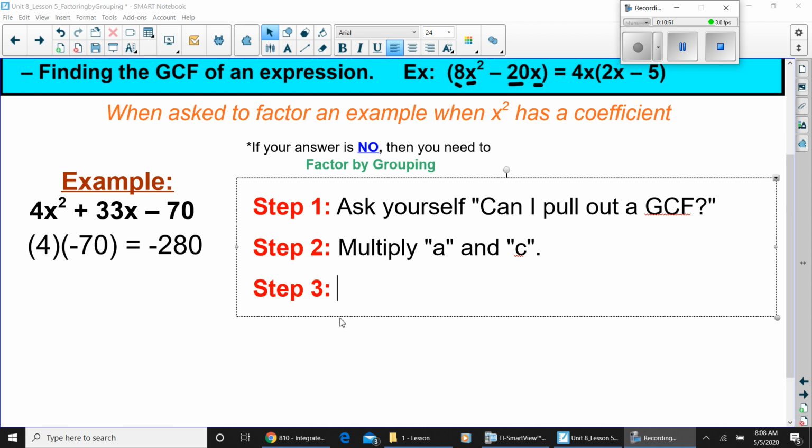For step 3, you have to find 2 factors of A and C that add to what B is. All right, you have to find factors.